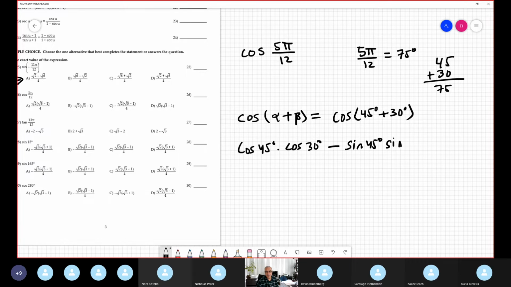And everything is nice because the original angle lies in the first quadrant, and the decomposed 45 and 30 lie in the first quadrant, so everything is positive. Radical 2 over 2, radical 3 over 2, radical 2 over 2 again, and 1/2.